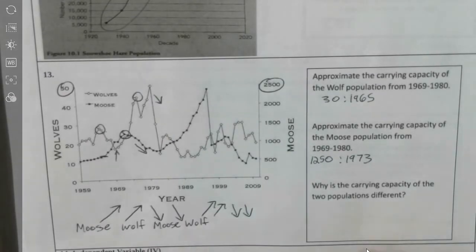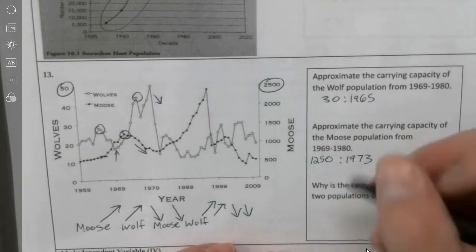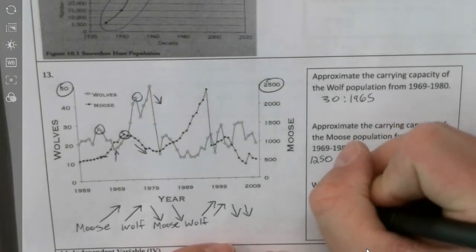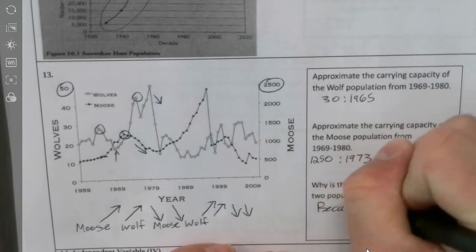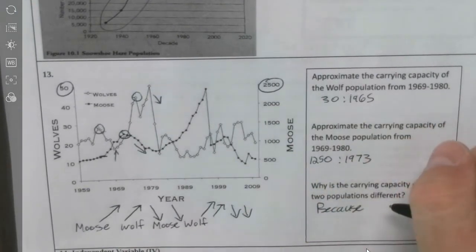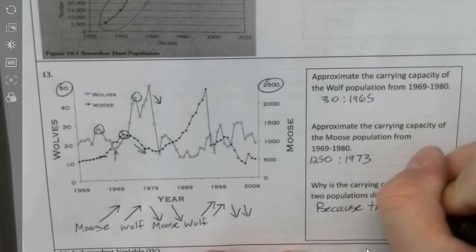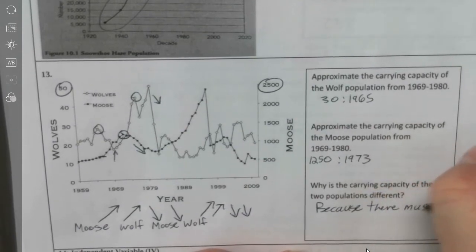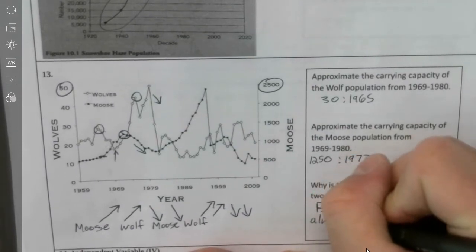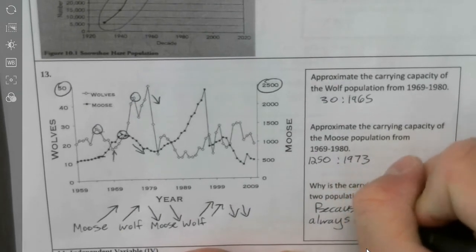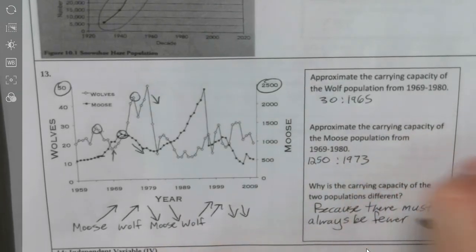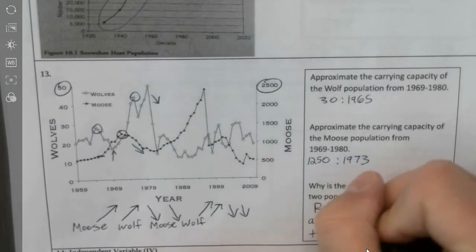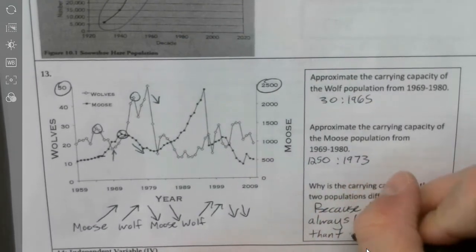Okay, and just to answer this one here, why is the carrying capacity of these two populations different? We could say because there's always going to be fewer predators than prey.